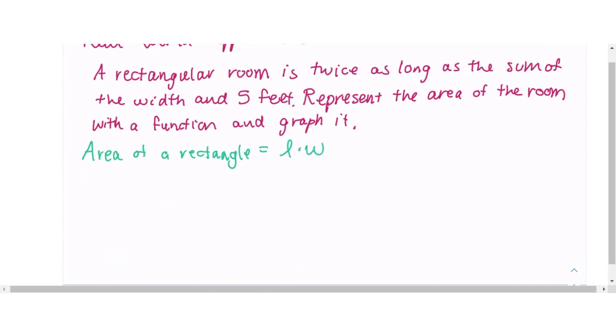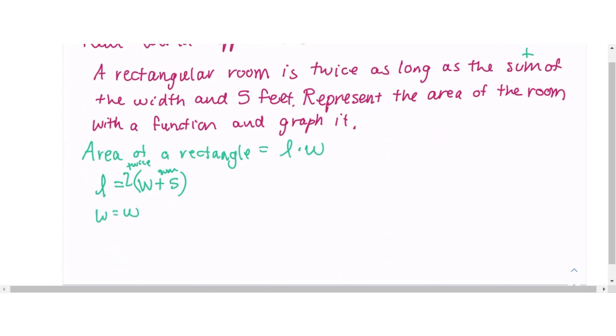And it tells us that the length is equal to the sum, so I know that's plus, the sum of the width and 5 feet, but then it said it was twice as long. So this is twice. That was the sum. Okay, that twice as long as the sum of the width and 5 feet. And then our width is just the width.